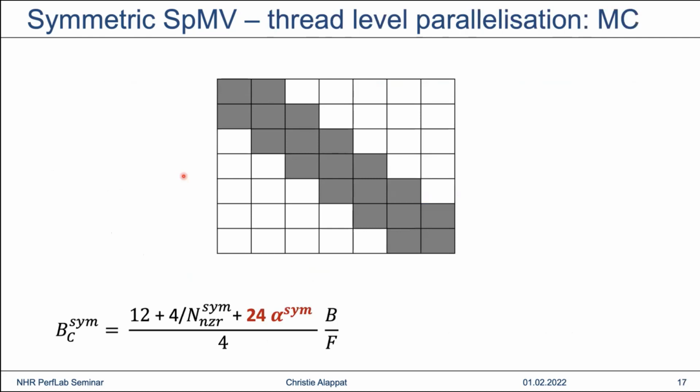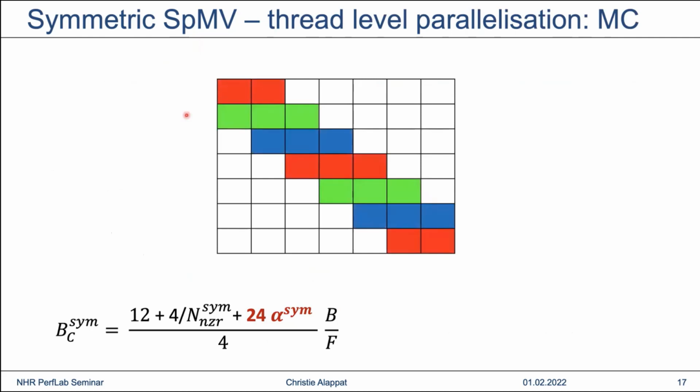Let's see what happens when you color a matrix. So here we see, for example, symmetric SpMV. In multicoloring, we find rows that do not share the same column indices, and we give them the same color.